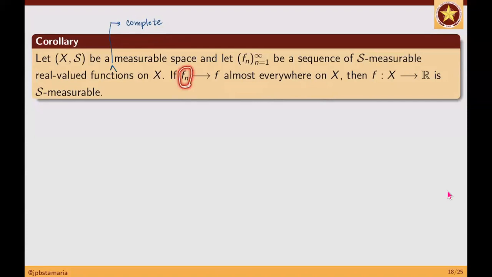Kung lahat ito ay measurable, yung limit mo is also measurable so long as the space is a complete measurable space. Did you understand?